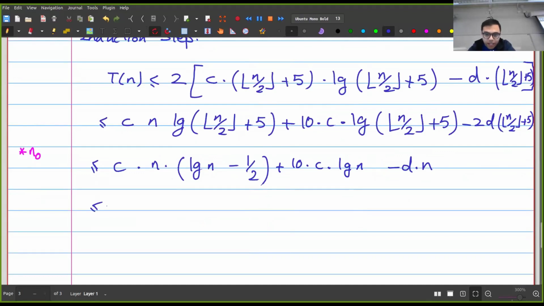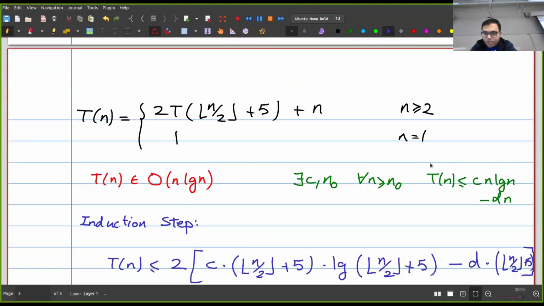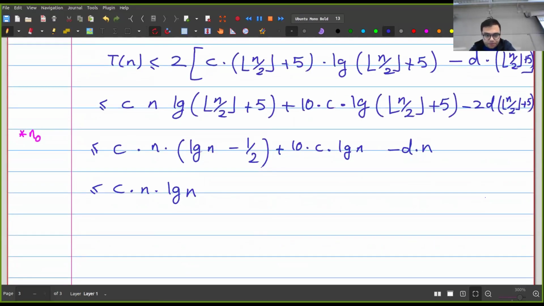So I have less than or equal to Cn log n, I'm happy about that. I have minus dn, which I needed. Then I have minus half of Cn plus 10C log n.